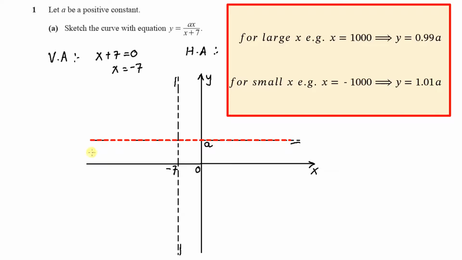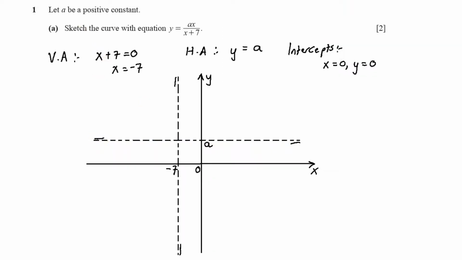If we do so, we get a y value of 1.01a, which is slightly above a. So we now have an idea of what our graph is going to be like, and we can make a sketch. Here it will come out like this, and here it will come out like this. So this is the graph right here.